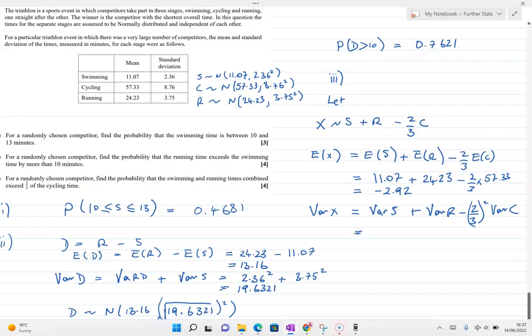So that's 2.36 squared plus 3.75 squared minus 2/3 squared times var of C, which is 8.76 squared. And that comes to 53.7377.